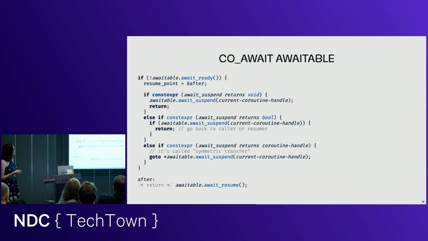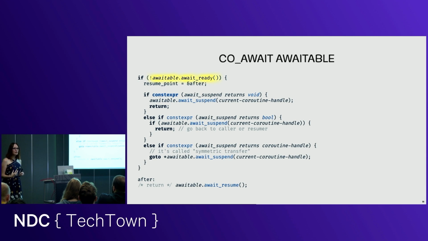So a more complex suspension is when you co-await on something, on an awaitable. The awaitable is a type which must have 3 functions. One is await ready. So when you write co-await something, it will ask if the something is await ready, which means that there is something you are already asking for.